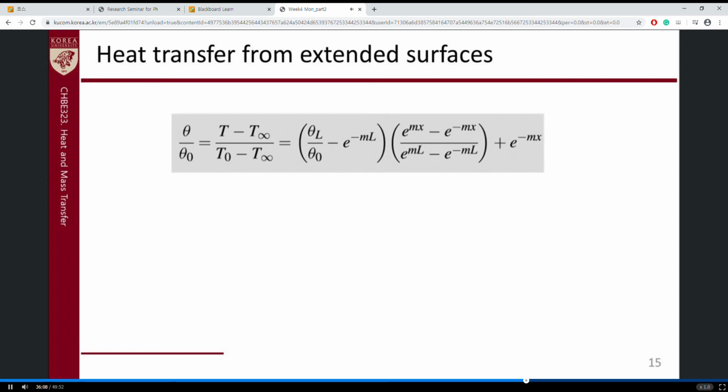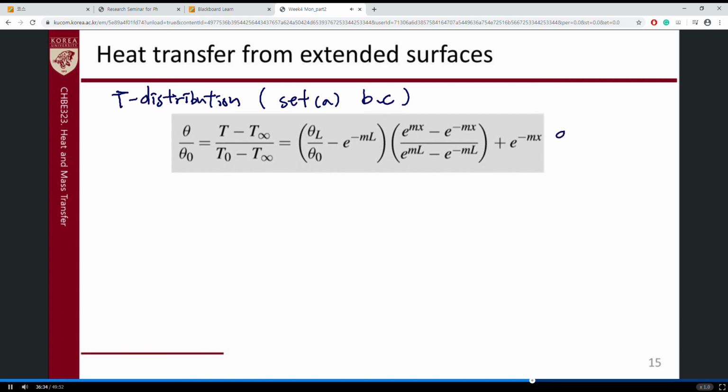All right, here's the T distribution that we got, right? What was that? Using the set A boundary conditions, right? You don't need to remember the boundary conditions.